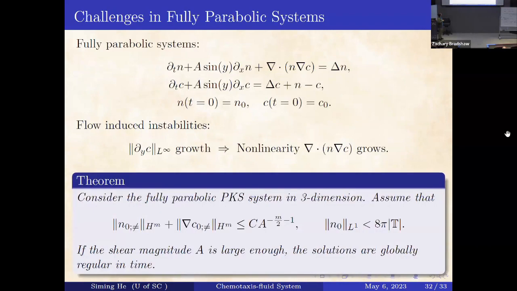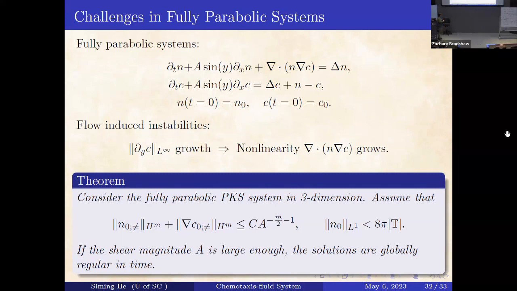If you just look at this Keller-Segel equation with chemical convection, it rules out most of the exponentially mixing flows that you can use, because if you have an exponentially mixing flow, the chemical gradient can grow exponentially, and now your nonlinearity can also grow exponentially. And if that grows exponentially, you cannot control it.